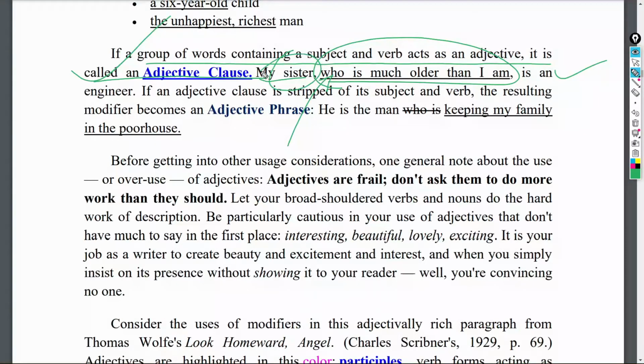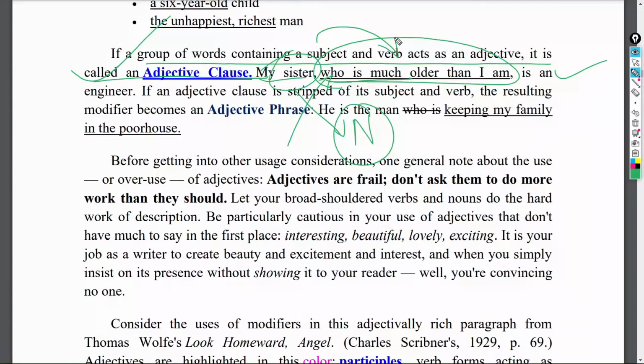This part is related to the sister. Sister is the noun, and this part is coming after the noun and it is defining the sister. Defining the sister about what? About the age. Therefore, this is called the adjective clause.